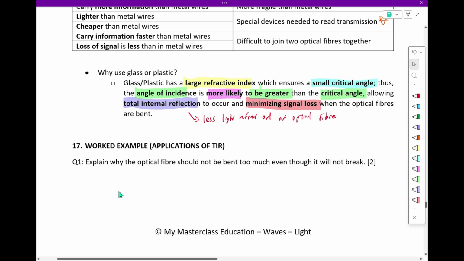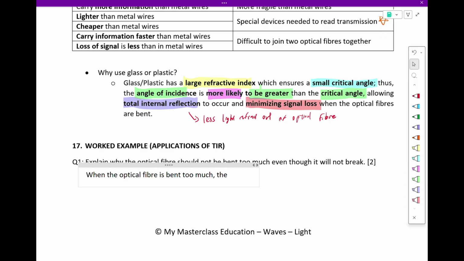Now, why should we not bend the optical fiber? Because when the optical fiber is bent too much, the angle of incidence at the bend will be less than the critical angle.